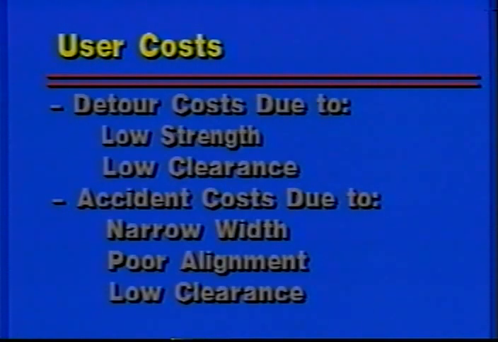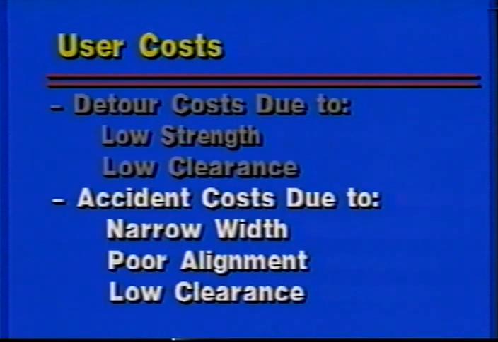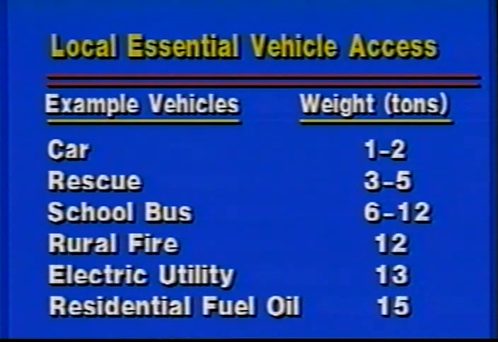The total service cost also includes user cost, such as detour costs due to low strength or low clearance, and accident costs due to narrow width, poor alignment, or low clearance. At the same time, when evaluating existing bridges, the level of service or minimum provision for load capacity must accommodate essential vehicles.